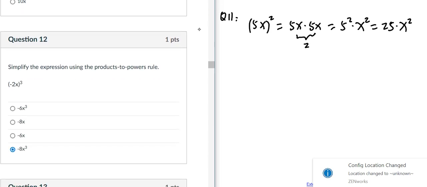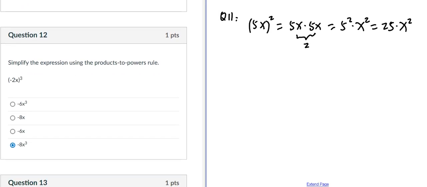Okay. Now, question 12. There's negative 2x cubed. You know, when we have (5x) squared, we then do 5x, 5x.